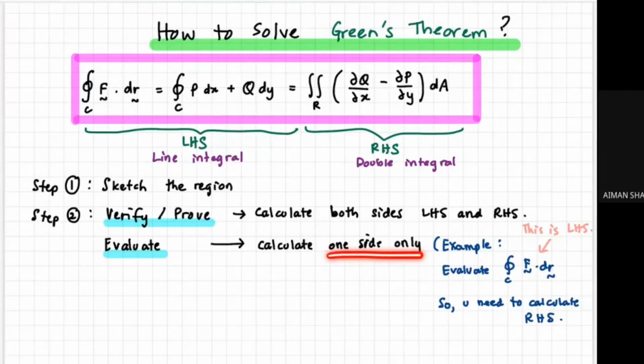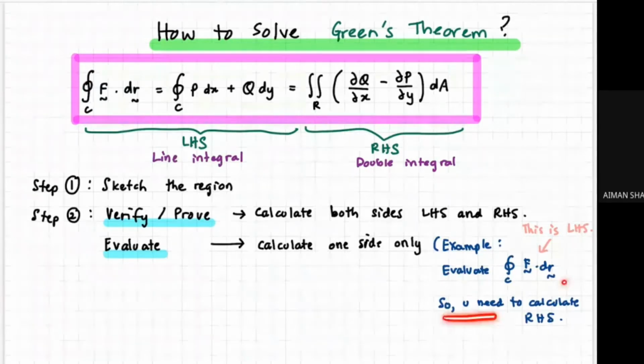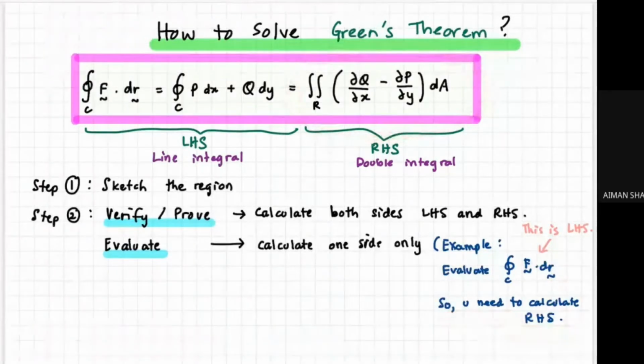For example, this question, evaluate the integral of F dot dr. This is the left hand side, so you need to calculate the right hand side. Similarly, if what is given in the question is the right hand side, you have to calculate the left hand side.